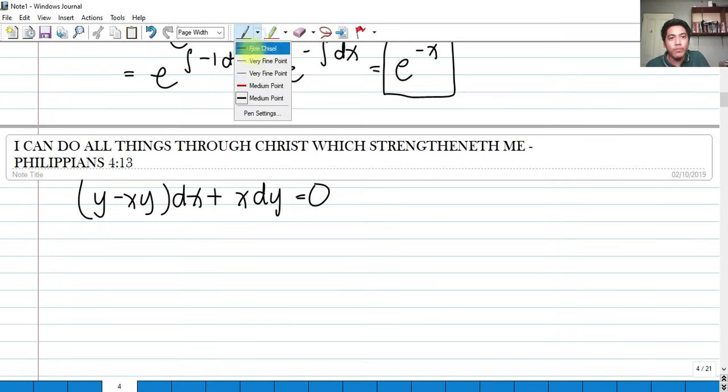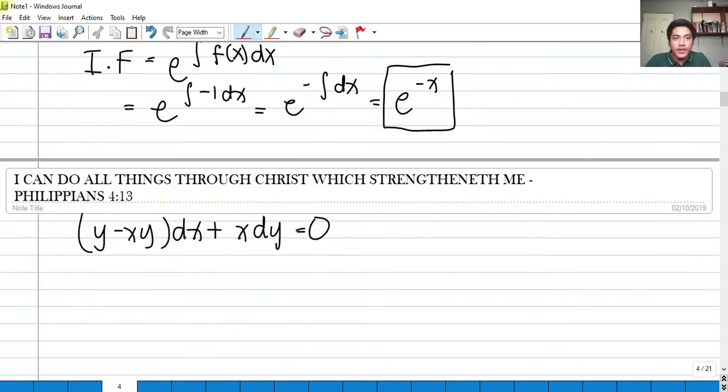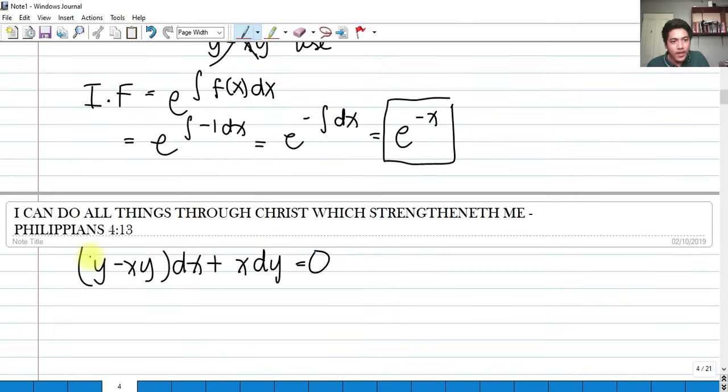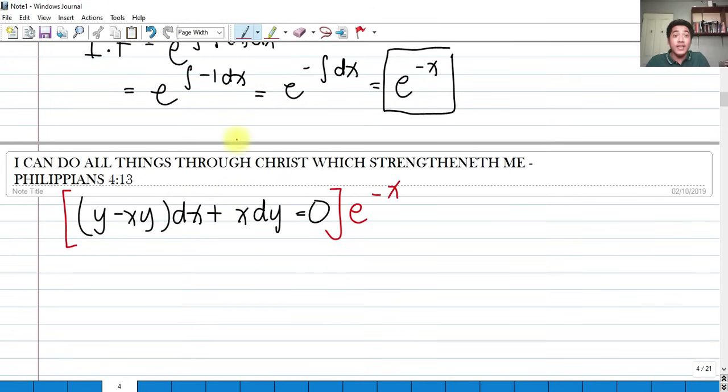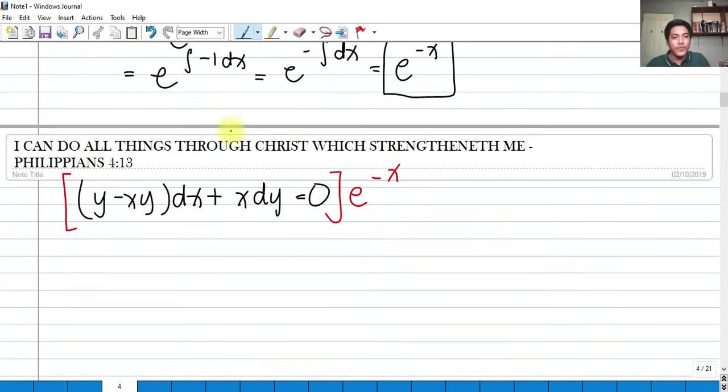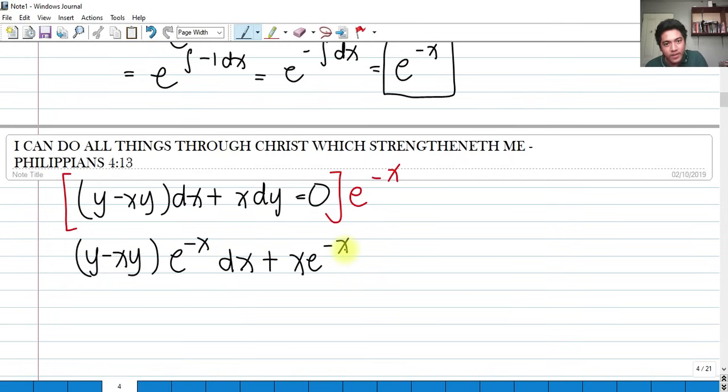We have already computed the integrating factor, which is e raised to negative x, so if I multiply the integrating factor to both sides of the equation, I would make this an exact DE. Ready to see magic? Yes, let's go. If I multiply, this should be (y minus xy) e raised to negative x dx plus x e raised to negative x dy is equal to 0.